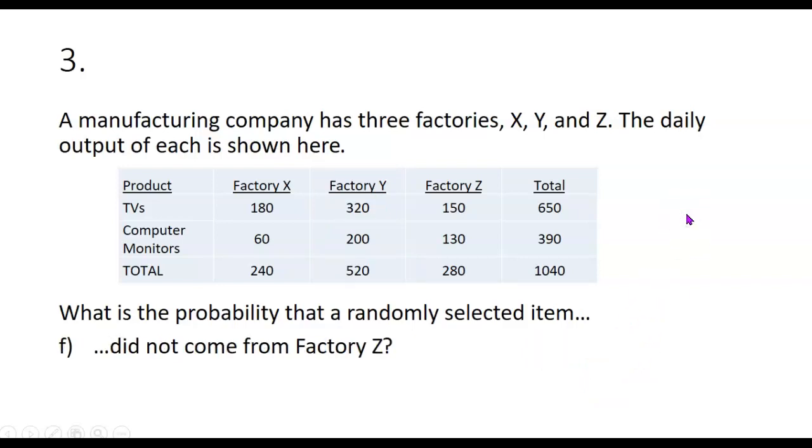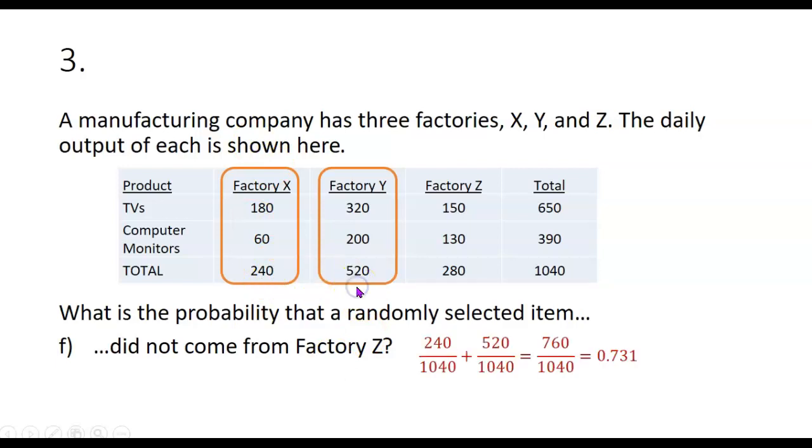And what's the probability that it did not come from factory Z? This is another one where there's more than one way we could look at it. We could just directly count up all the ones that fit this description, all the items that did not come from factory Z. That would be these 240 from factory X plus these 520 from factory Y. So 760 out of 1040, or 0.731.